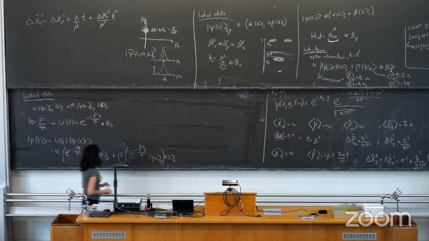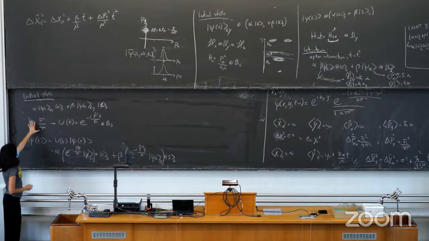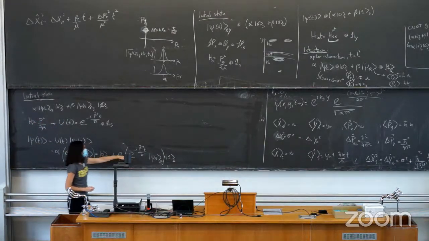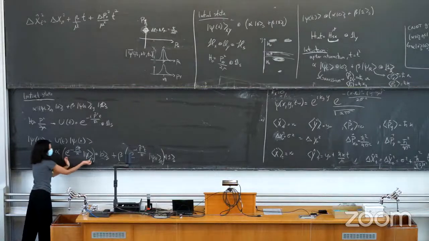So the key thing here is that the unitary is going to act linearly on the superposition, and in particular, it only acts non-trivially on the position and leaves the spin alone.